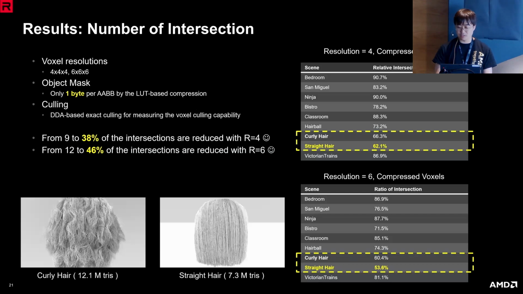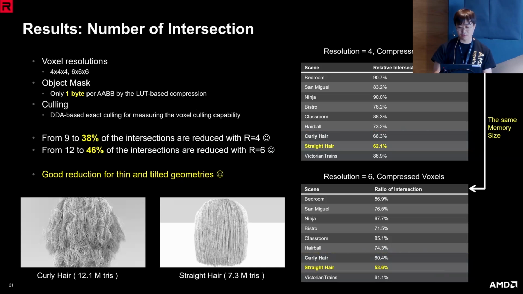Remarkable results are from curly hair and straight hair. The reductions are more significant than the others. I believe this result emphasizes the method can efficiently reduce the number of intersections with such thin and tilted geometries.